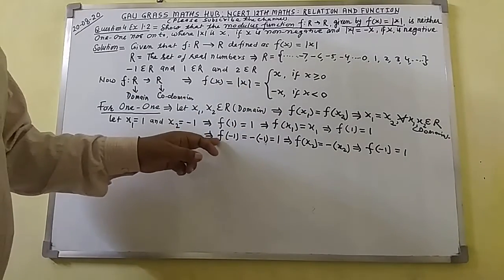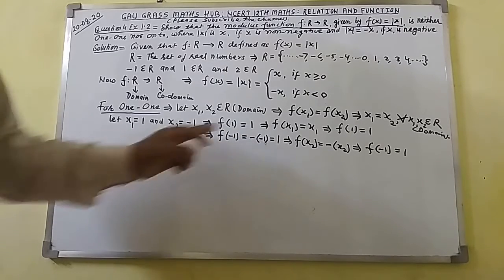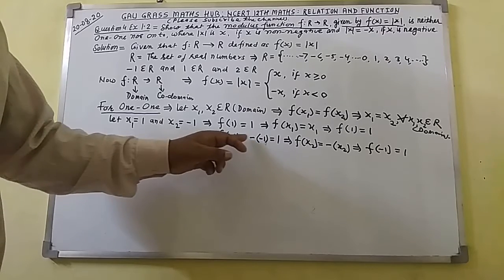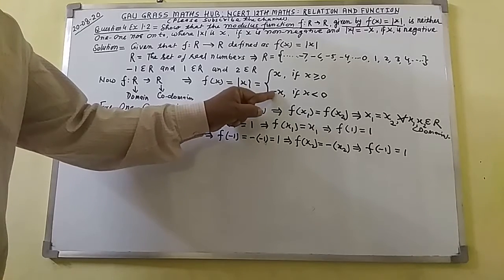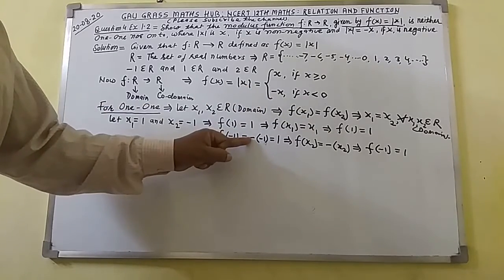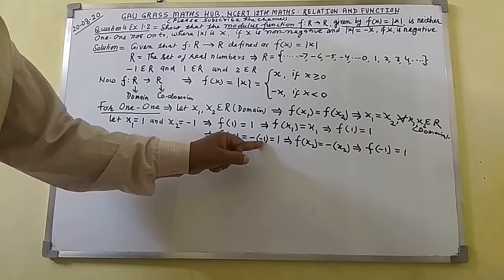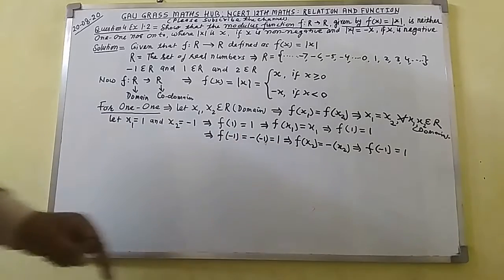So here f of x equal to -x, in place of x I shall put -1. So this will become f of -1 equal to minus, in bracket minus 1. Minus 1 multiplied together, you will get 1.